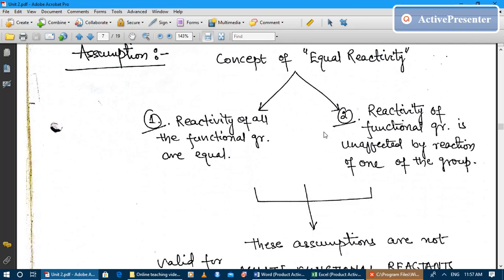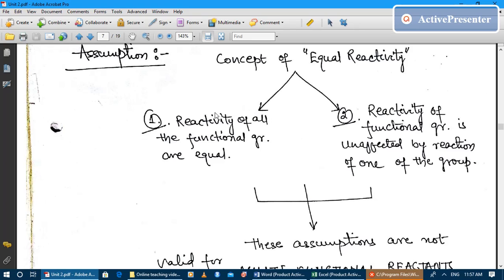So there are two parts of this concept. The first part says that the reactivity of all the functional groups is equal. That means the reactivity of hydroxyl group or the carboxylic group or any other group is considered as equal in case of step polymerization kinetics.